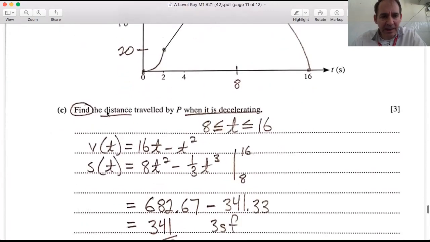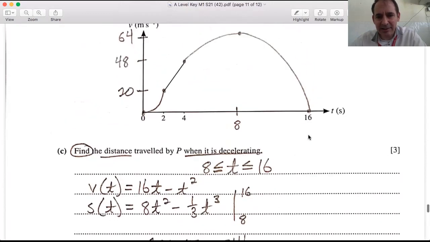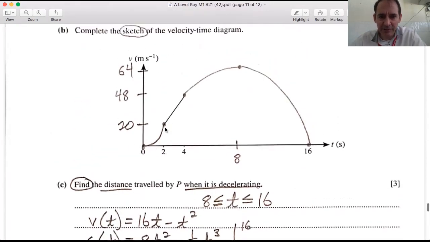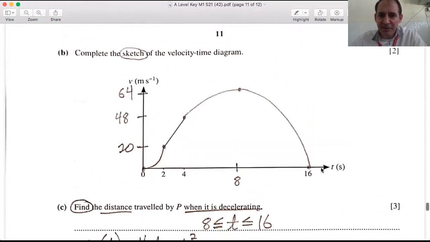So this says find the distance traveled by particle P when it is decelerating. Well, if you look at this part here, this has positive slope. It's accelerating. This is also positive slope. That's accelerating. And this third one has part of it still positive slope.